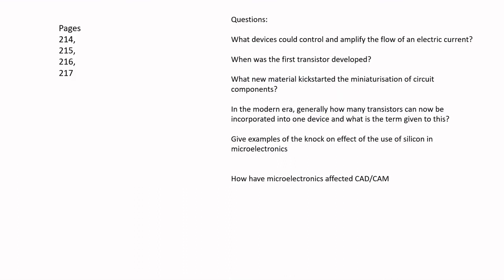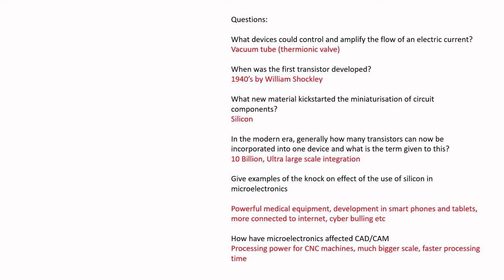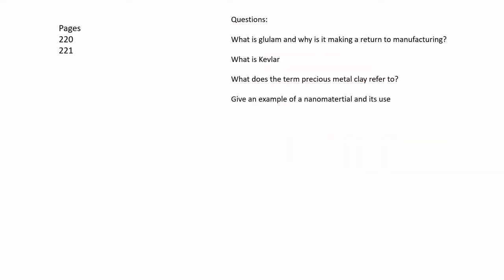Okay, so I'm going to show you a couple of pages of questions now. So there's about 3 different pages of questions. So go to the questions, pause the video, I'll put on what pages in your textbook they are, pause the video, have a go answering it, and I'll put the answers on the board. Okay, so that is the first set of answers. The next set of questions for you are there.